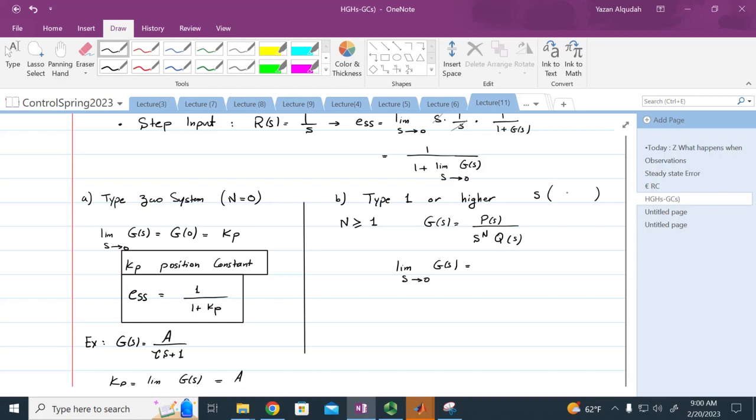But I took that S out. So therefore, what is left here is that P of S does not have any S in it. All good? Or should we clarify it more? We're good? Good.